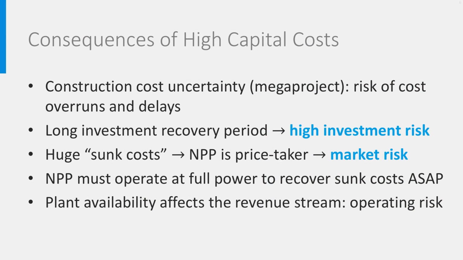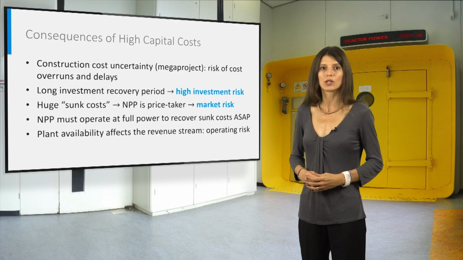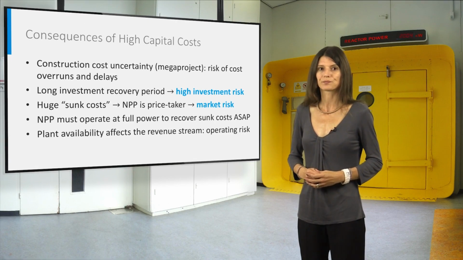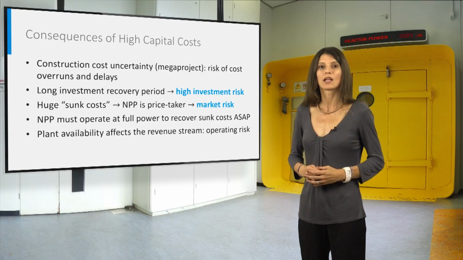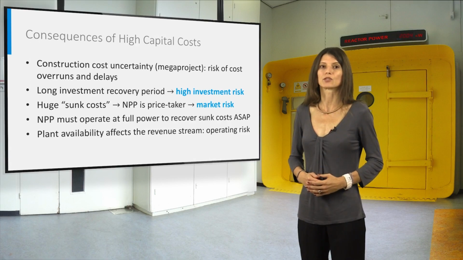Construction costs are sunk costs for investors and have to be recovered by means of the sale of the electricity produced. Any factor that may compromise the revenue stream is a risk factor. As an example, plant availability, market price volatility, electricity demand, and so on. The revenue stream has to be maximized, and this pushes towards the maximization of the capacity factor.